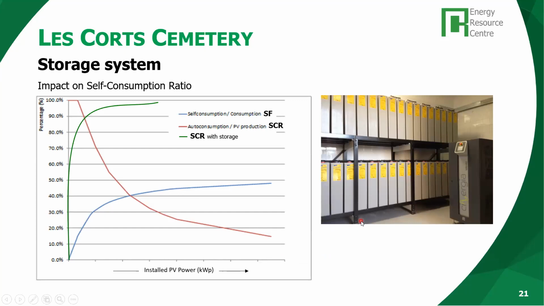Now, the storage, the batteries. As we mentioned before, in a system like this, there's a lot of time in a day where the PV panels are generating and there's not enough consumption. So typically, the optimum working point would be somewhere here.